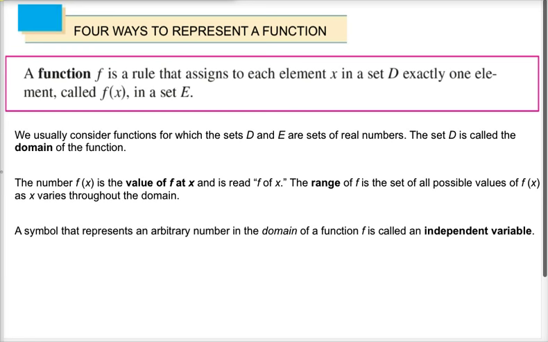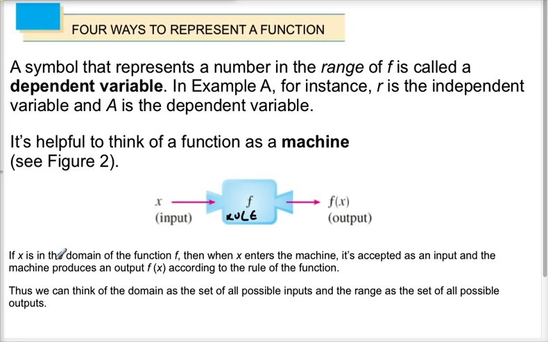A symbol that represents an arbitrary number in the domain of the function f is called the independent variable. When we're talking about a symbol, we're really just talking about a variable, any variable. A symbol that represents a number in the range of f is called the dependent variable.